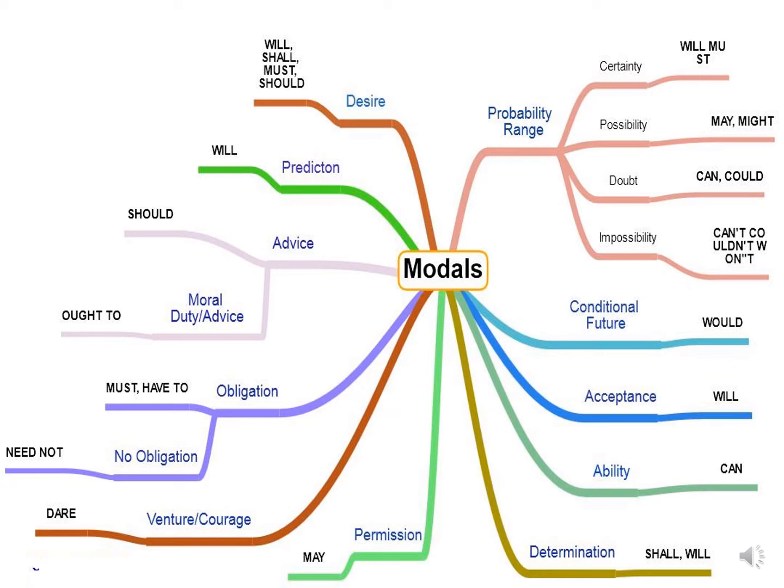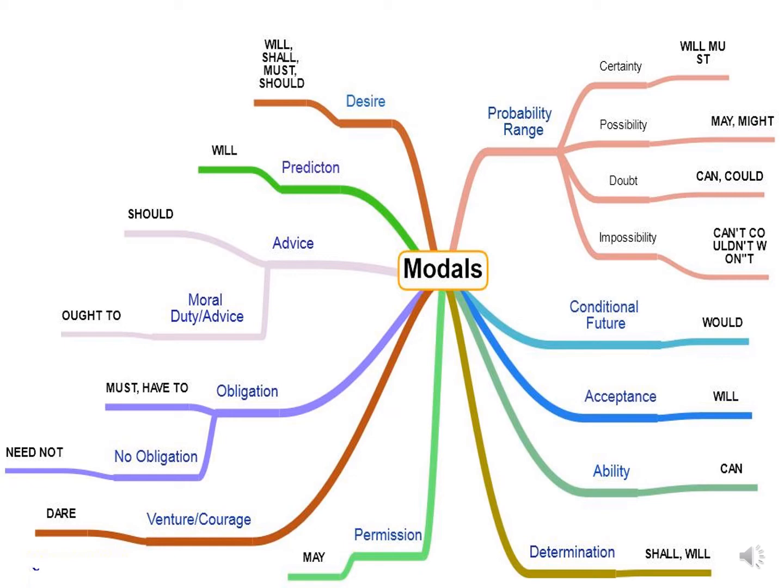Look at the example of will and must. Both are used for certainty. May and might for possibility. Can, could for doubt. Can't, couldn't, won't, impossibility.